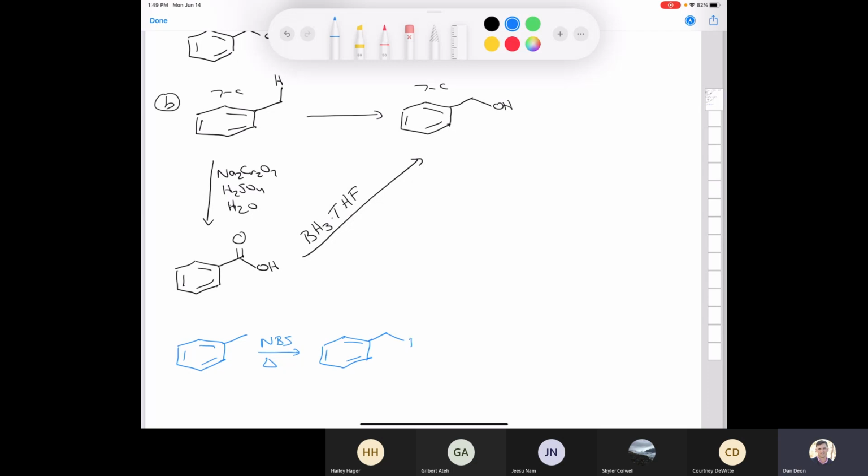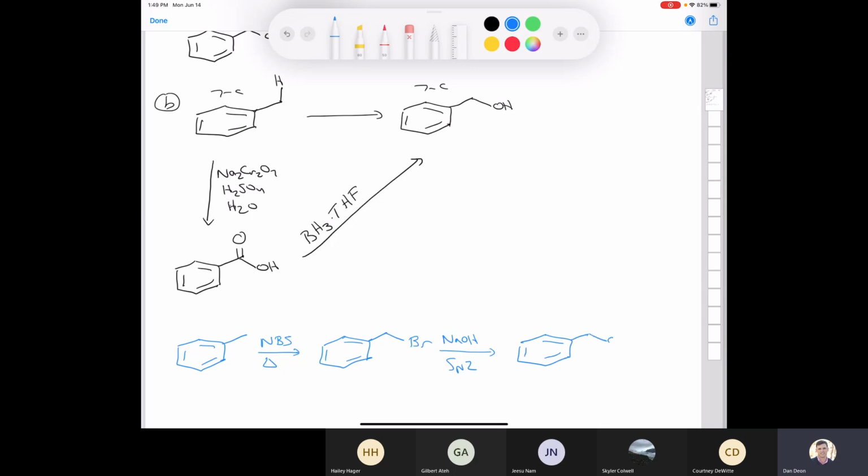So we have our benzyl, and then we have bromide. Well, then I could just treat this with sodium hydroxide, right? This is a primary alkyl halide. If I treat it with a strong nucleophile, strong base, there's no way I can do an elimination. So all I have to do is treat that with sodium hydroxide.